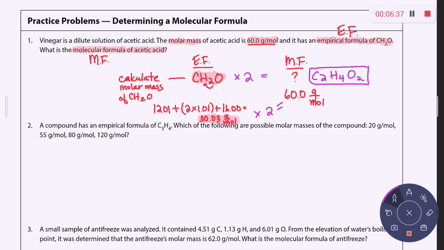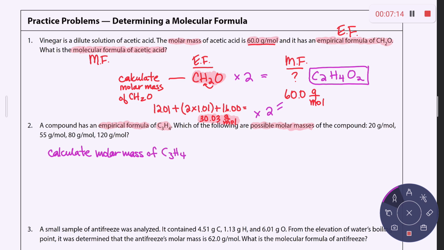All right, in number 2, they tell you that a compound has an empirical formula of C3H4. Which of the following are possible molar masses of the compound? So what that means is they're looking for possible molar masses of the molecular formula that would go with that empirical formula. So what I'm going to do is calculate the molar mass of C3H4.